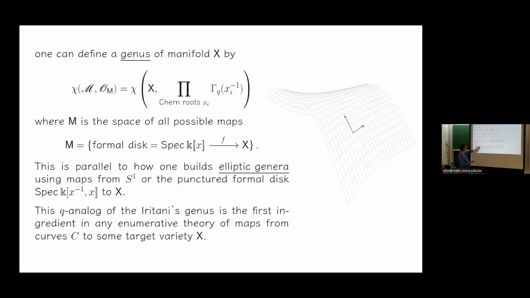And so this gamma Q genus is maybe the first building block in any kind of enumerative theory, because anytime you're going to map something to some manifold, the first thing you can always try is taking your map and expanding in a Taylor series. So this is the first building block in any kind of theory of maps from curves.